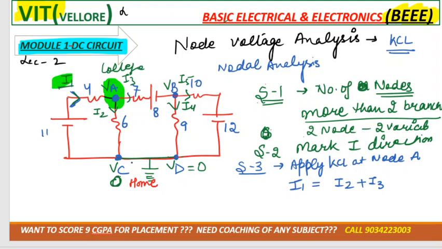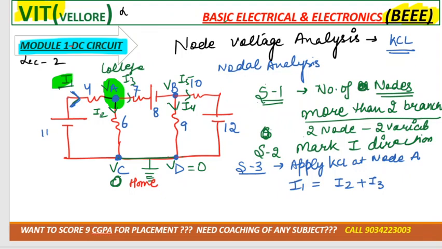You are I1. Are you moving from home to college or college to home? Home to college, right? Means you are moving from 0 to VA. Now tell me, 0 to VA. No, we don't look at the potential.